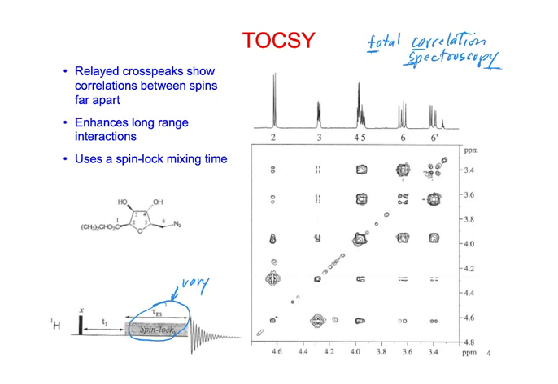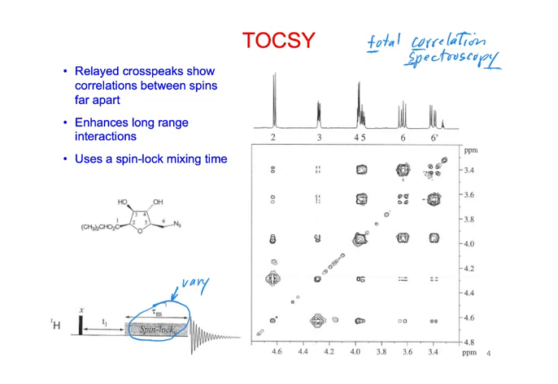Okay, so what's kind of cool here is that we can see the spins correlating to other spins that are kind of beyond the range of our normal scalar J couplings.